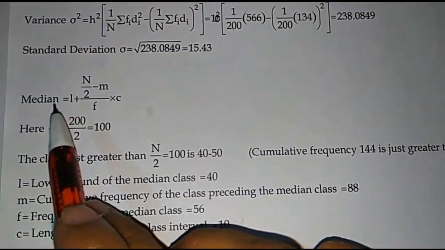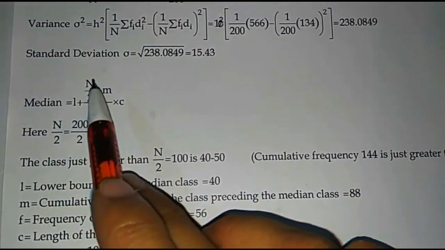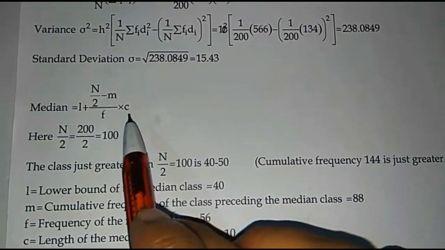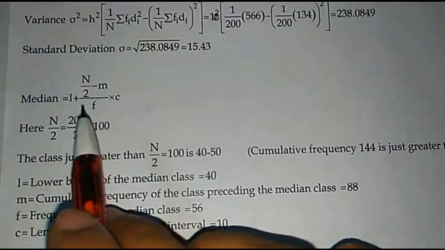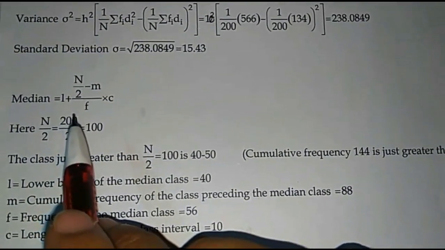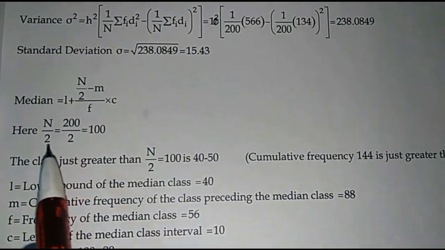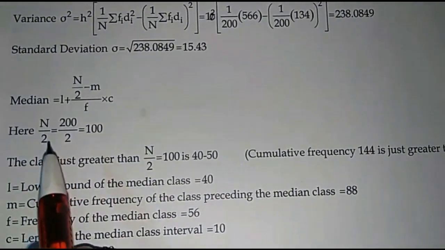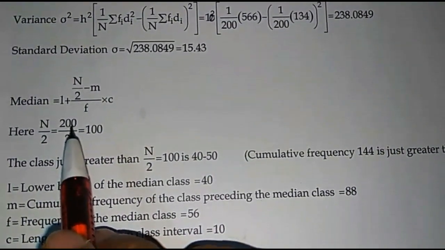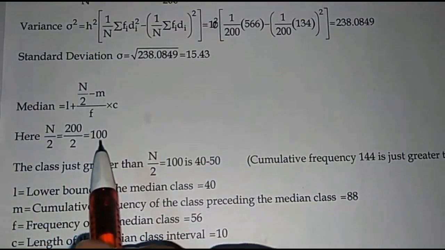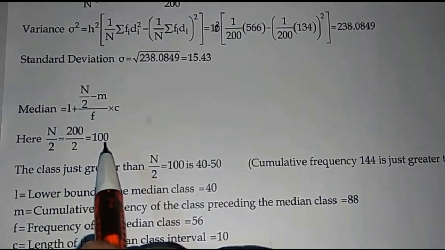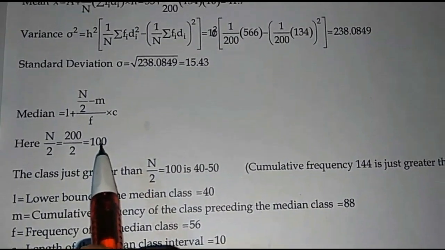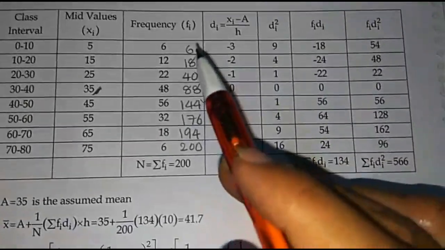Next we evaluate the median. Median equals L plus n by 2 minus m divided by f into c. To evaluate the median, first we have to find the median class. For that, find the n by 2 value. Here n by 2 is 200 divided by 2, that is 100. Now we take the cumulative frequency which is just greater than 100.